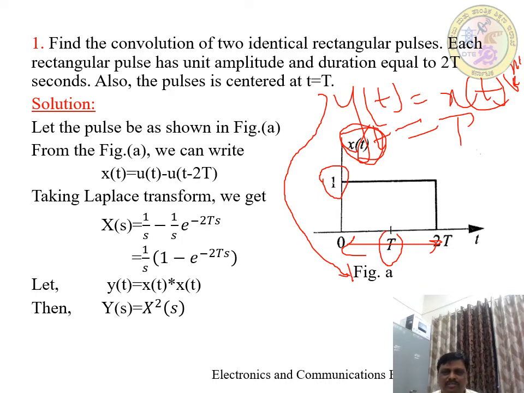Here, what is this function x of t? You can see from 0 to 2T its magnitude is equal to 1, and after 2T its magnitude is equal to 0. Therefore, this function will be constructed by step functions.